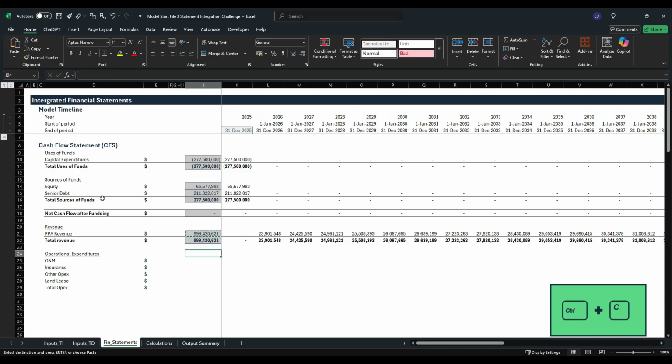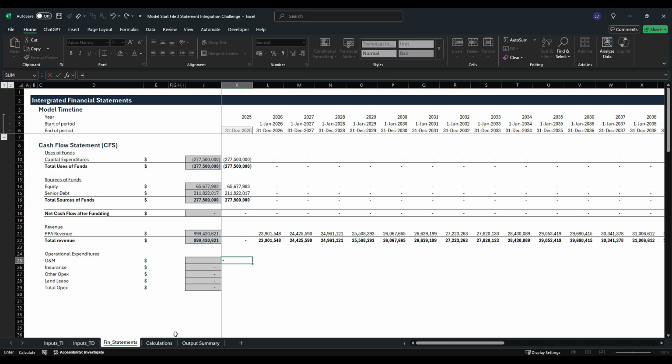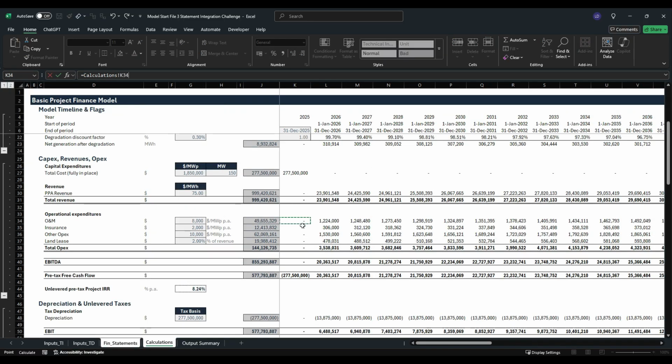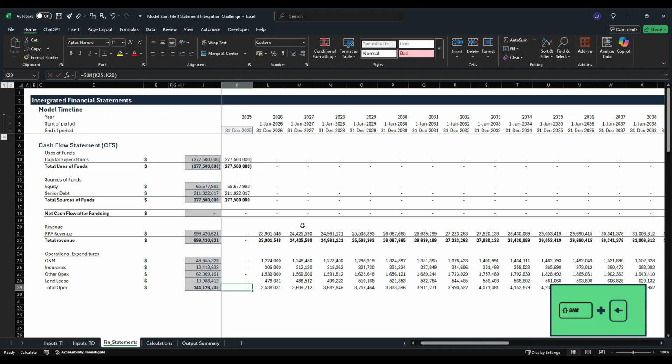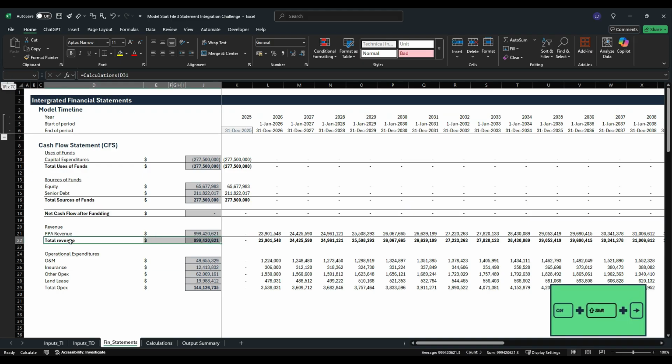Pick up some row totals, and then we can pick up our cost items again. Alt HJ, comma 0, and let's take the sum of this. Drag it over, Control R, and let's pick up the formatting up here.